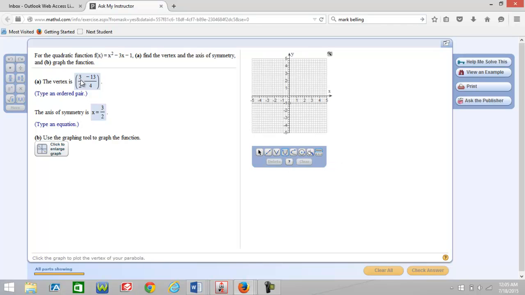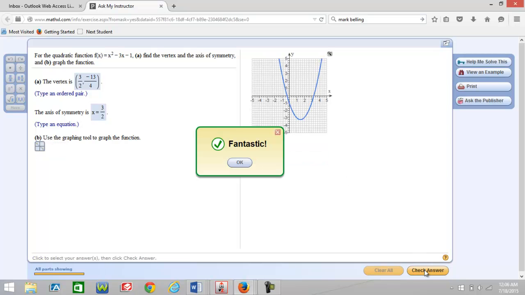Remember, my vertex is 1.5, negative 3.25. So go down here and click. Remember, my y-intercept is negative 1. That's when the x value is 0. So find the y-intercept at negative 1. Check my answer, and it is correct.